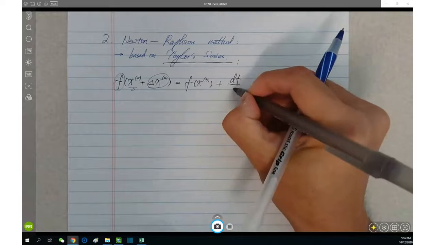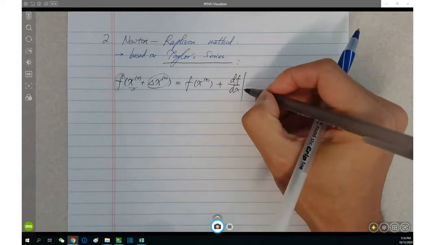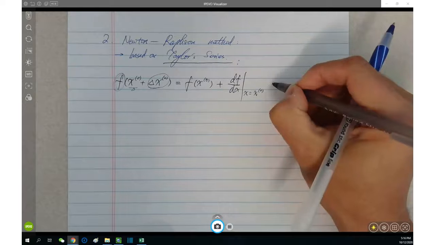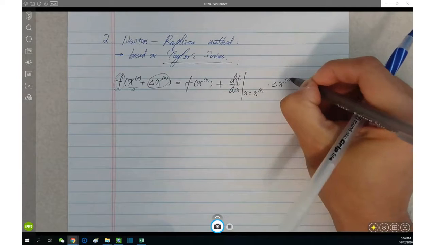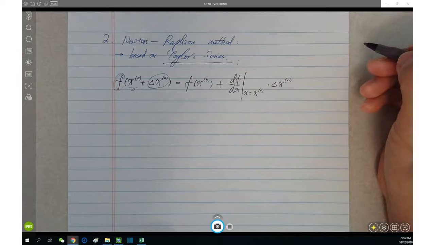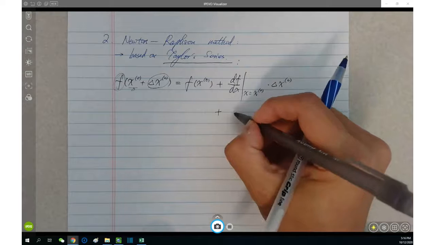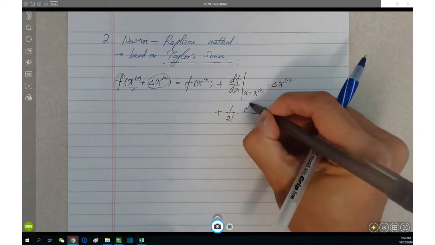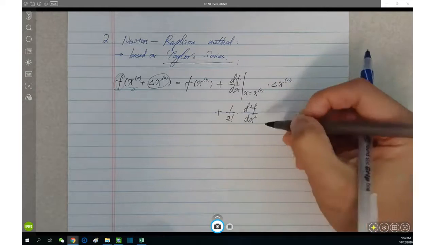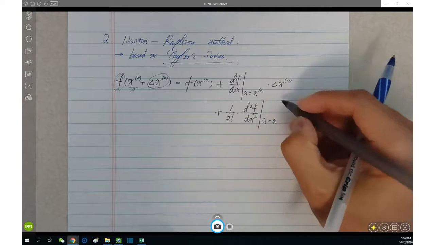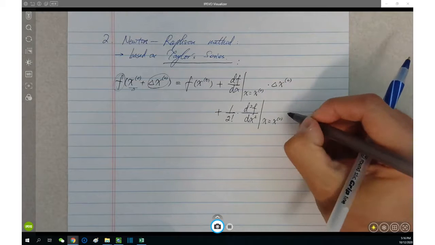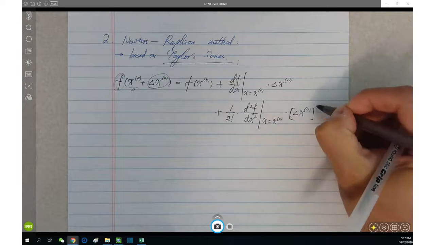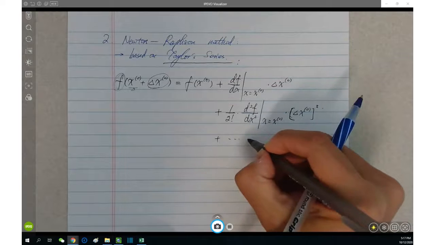It is the first order derivative of the function f times the introduced perturbation, plus the second order derivative with respect to x times delta x of 0 squared, and so on and so forth.